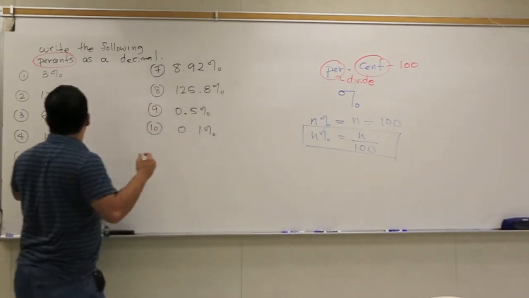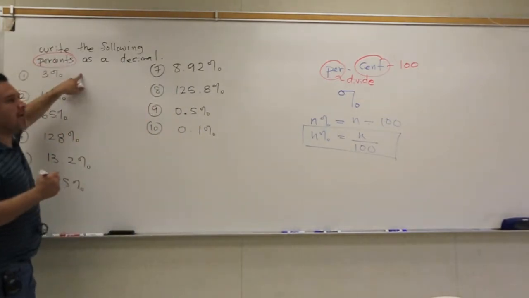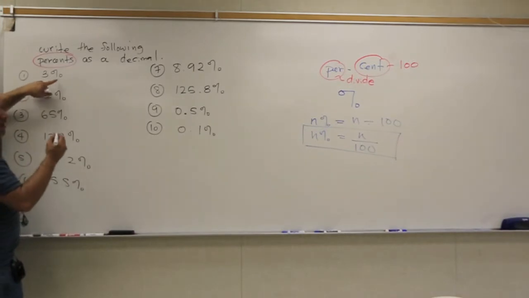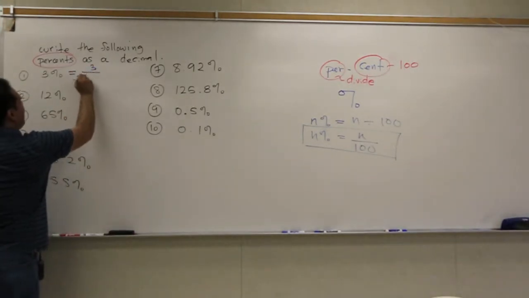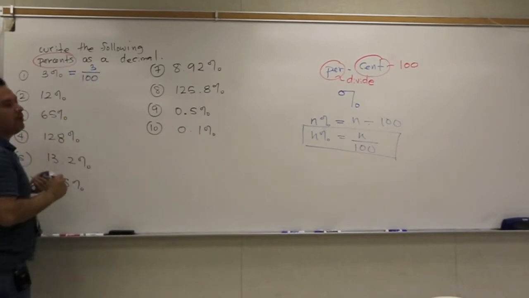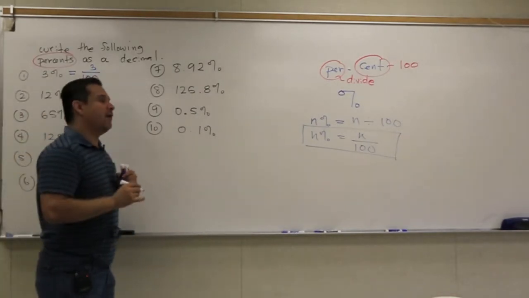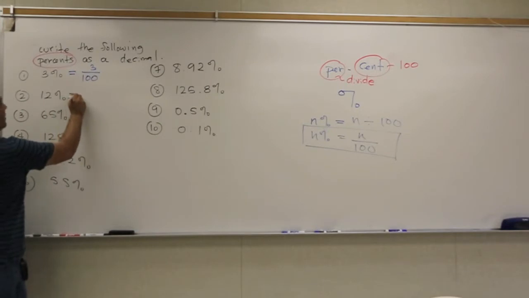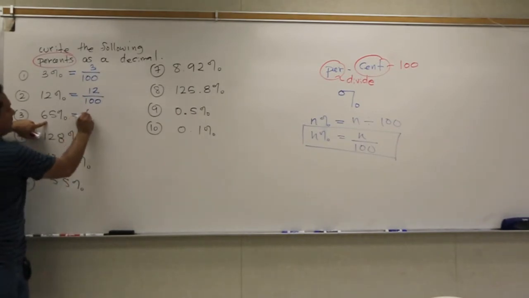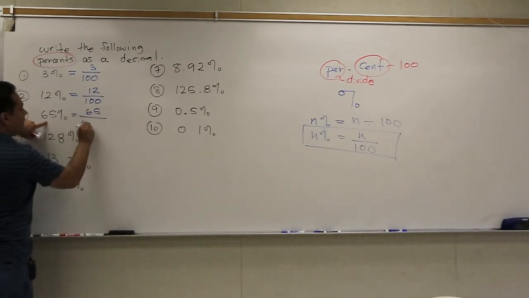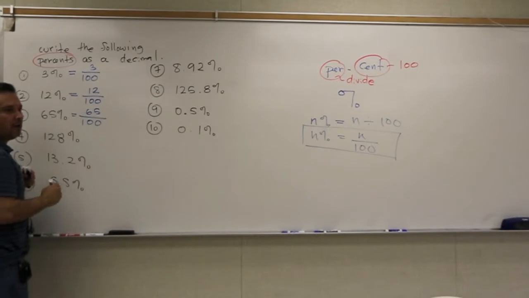So if you look at this question, to write this as a decimal, first of all, you're reading 3%. So right off the bat, you think 3 divided by what? 100. Are you guys okay with that? In fact, each of these is going to be 12 now divided by what? 100. And then you got 65 divided by 100.